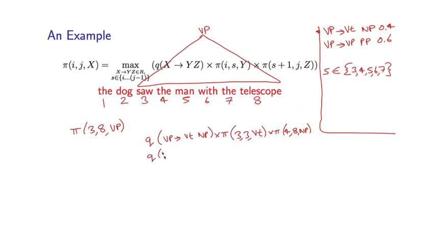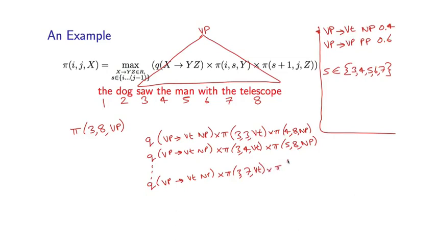Another option is q VP goes to VT NP times pi 3 4 VT times pi 5 8 NP, and so on and so on. Finally, up to q VP goes to VT NP times pi 3 7 VT times pi 8 8 NP. So here I've fixed this rule and I've searched through all these values for s.